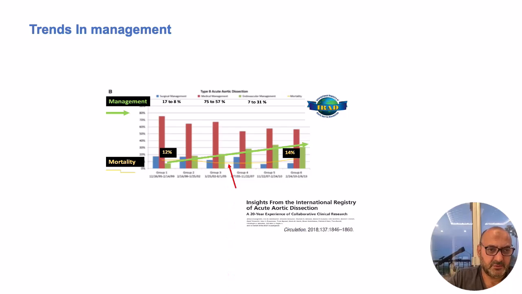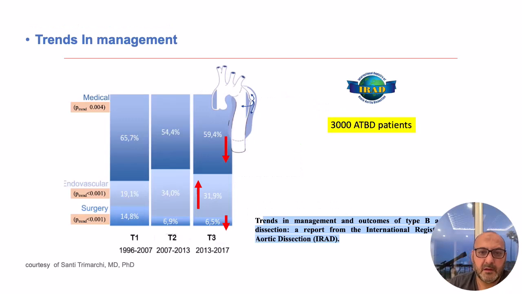So as the green one, which is the TEVAR, goes up, the yellow line goes down. This is a slide from the IRAD study, an IRAD registry study that looks into open surgery and endovascular repair. So the dark blue at the bottom is the open surgery.